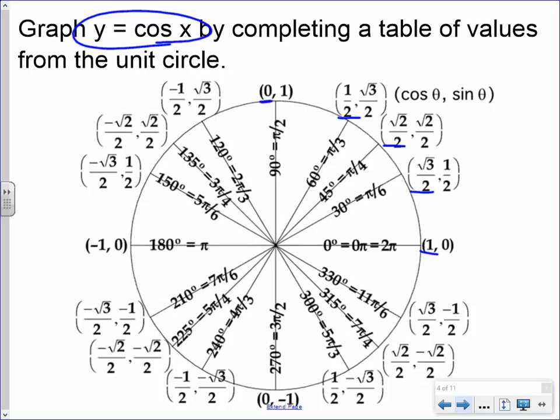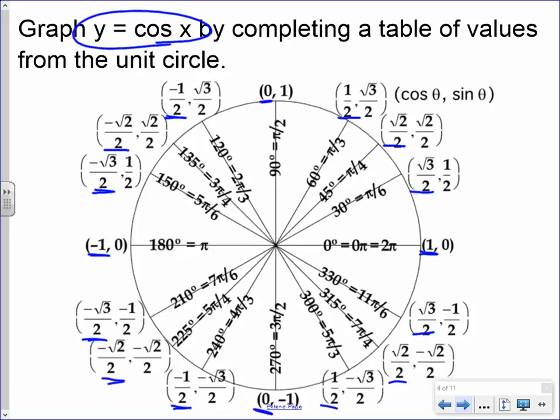And then our values continue to decrease until at pi we're at -1. Okay? And then our values increase up to 0, and then in the same pattern back up to 1. So what happens is cosine starts at 1, decreases all the way to -1, and increases back up to 1.